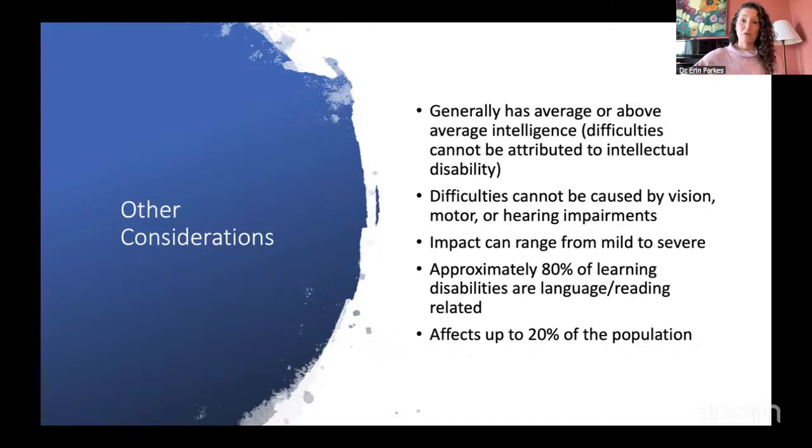For example, for auditory processing disorder, yes, we're talking about difficulties processing auditory information, but it's nothing to do with hearing. It's the way that your brain is processing the sound. The impact can range from mild to severe, and this is where we sometimes get people not being flagged for it, because they can sort of pass in school or do okay, but they're struggling, and the teacher might not see that they're struggling.